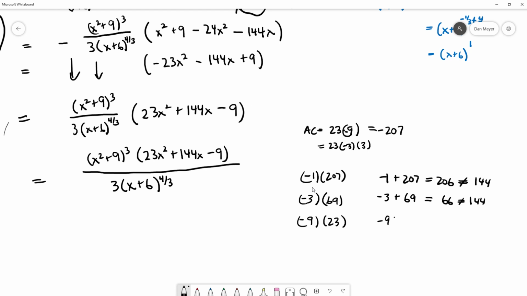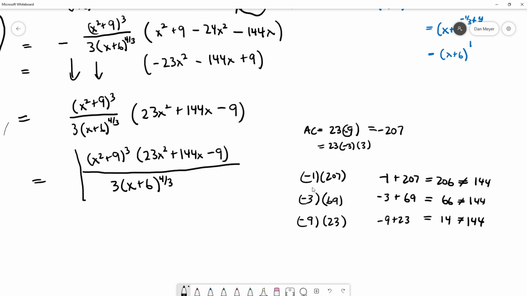Negative 9 plus 23 is equal to 14, which is not 144. And I think that's the only way we can factor negative 207 such that the smaller factor is negative. So we're not going to be able to factor the 23x squared plus 144x minus 9.